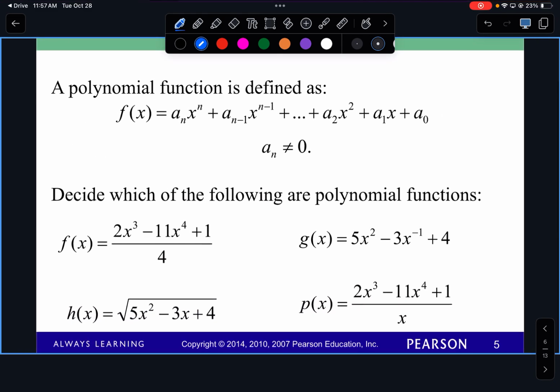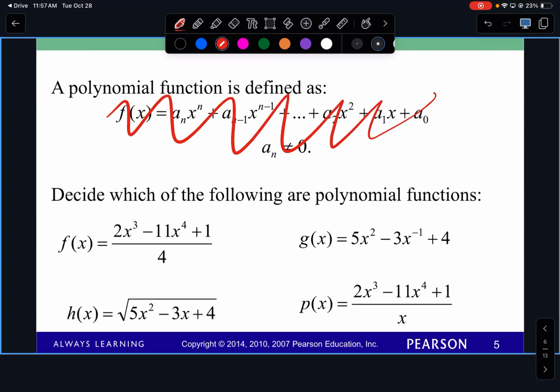So this first part right here, all this crazy stuff up here, we're going to summarize all of that, okay? But that is really saying what I just said, that our exponents need to go from largest to smallest. But you don't need to write this down. Don't worry about that. Okay, here's what it boils down to.